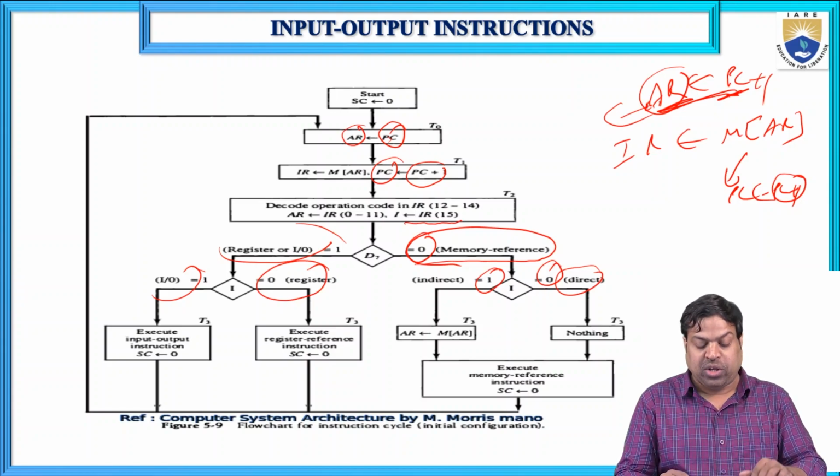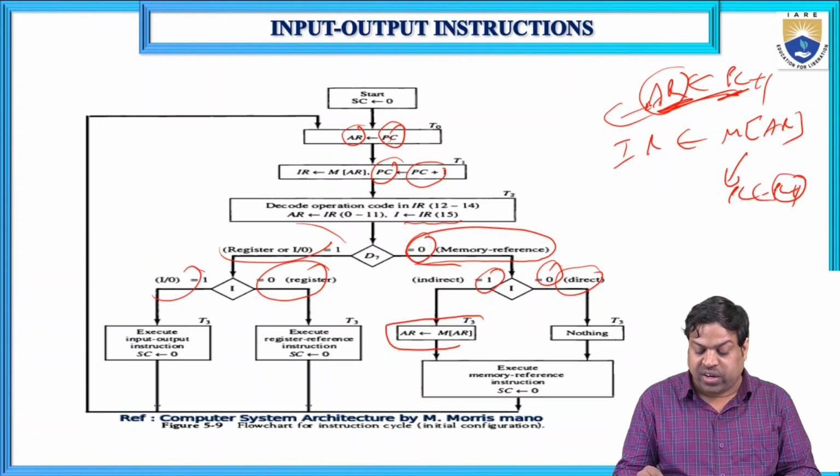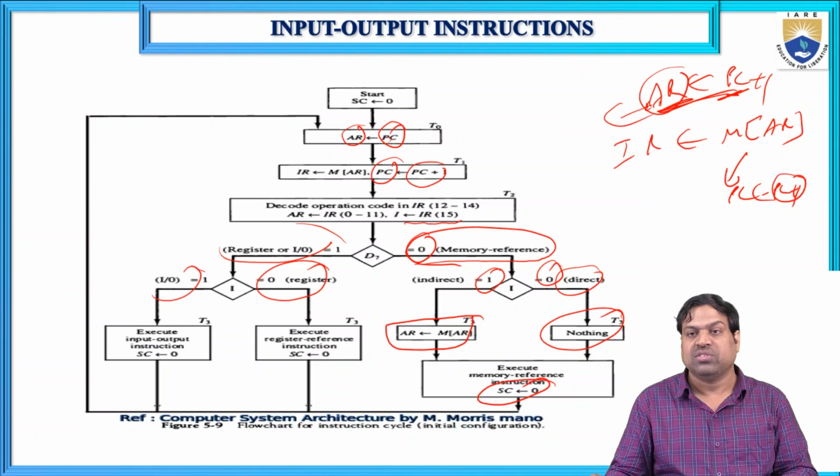Input output equal to 0, 1, or input output equal to 0. If input output equal to 1, then it will execute input output instruction, SC to 0, and execute register reference, SC tends to 0, and M of AR to AR. Here it is nothing. So if it is nothing, it is directly executing the memory reference instruction, that is SC to 0.